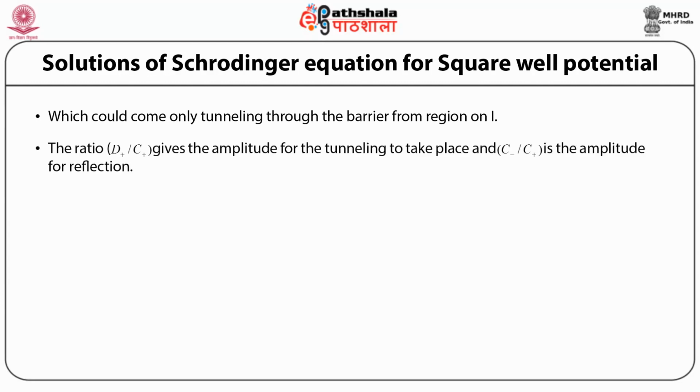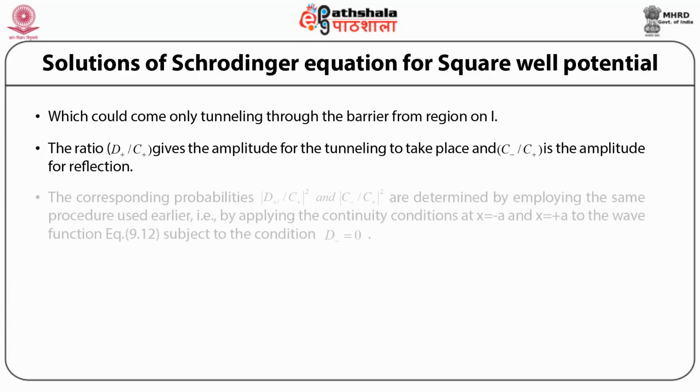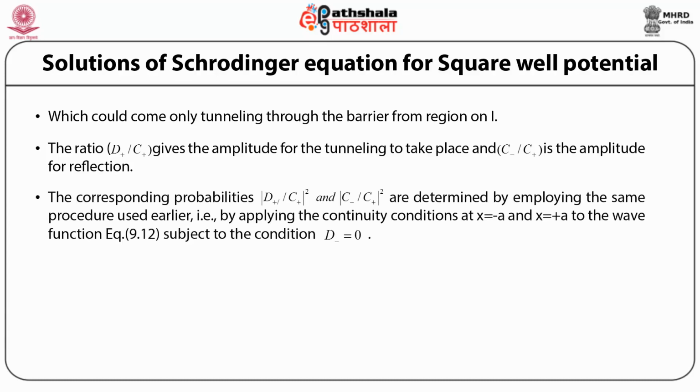The ratio D plus by C plus gives the amplitude for the tunneling to take place, and C minus by C plus is the amplitude for reflection. The corresponding probabilities, the square of modulus D plus by C plus and the square of modulus C minus by C plus, are determined by employing the same procedure used earlier.